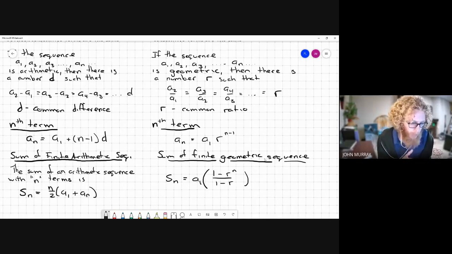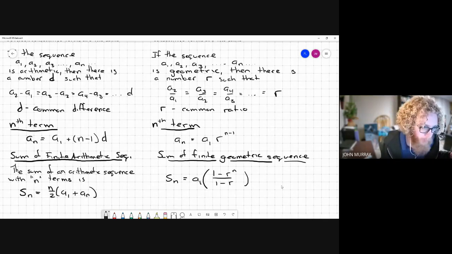And again, finite means that we stop, we end. The sum is going to be the first term times 1 minus r to the n power, over 1 minus r. Once you find that stuff out, it's just plugging it in and calculating.